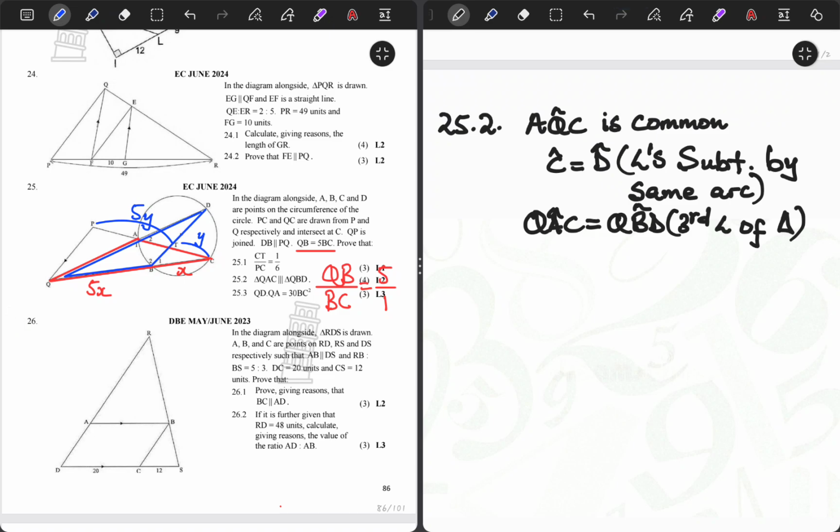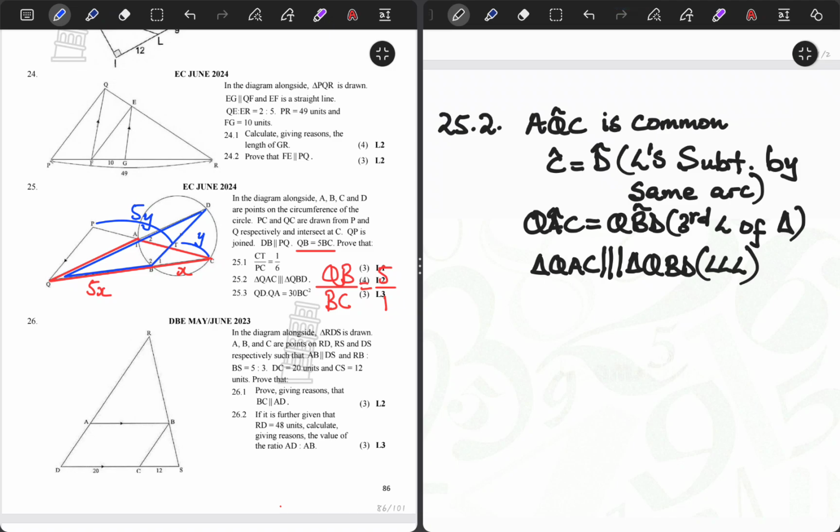Then from there, you can conclude that indeed you've managed to prove that triangle QAC is similar to triangle QBD because of angle, angle, and angle. That's it.